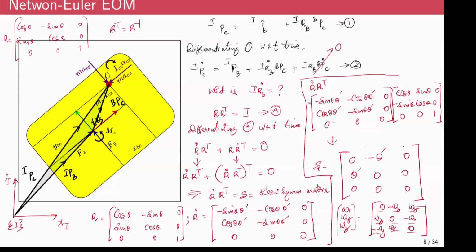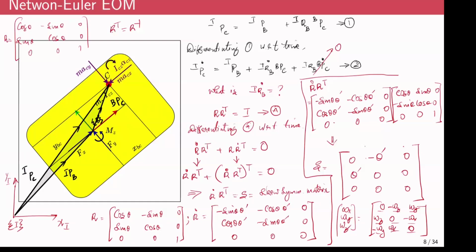By our convention, omega z is nothing but r. Omega z is the angular velocity of the mobile robot about the zb axis, and from our convention, we use this symbol r to denote that component.